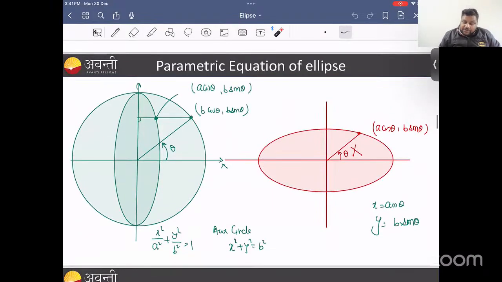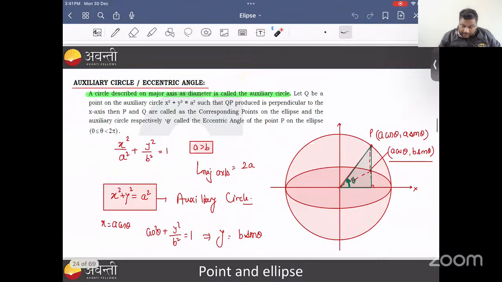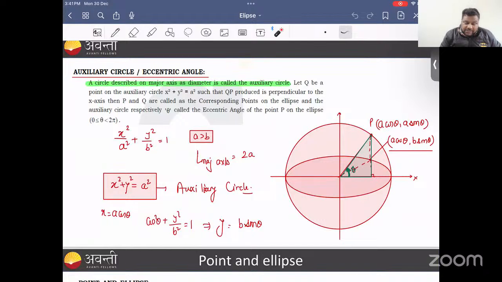Now, the parametric equation of the ellipse. So if this is an ellipse, see here, what is the auxiliary circle and what is the eccentric angle? A circle described on the major axis as diameter is called the auxiliary circle.